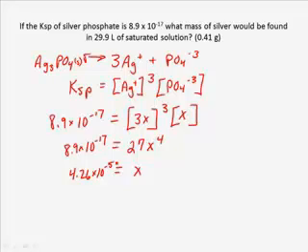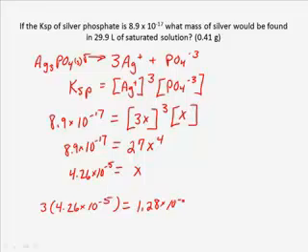Okay, now I want to know specifically about the silver. Well, we already know 3 times that is going to give me the concentration of my silver ions. And that's going to give me 1.28 times 10 to the minus 4th moles per liter.